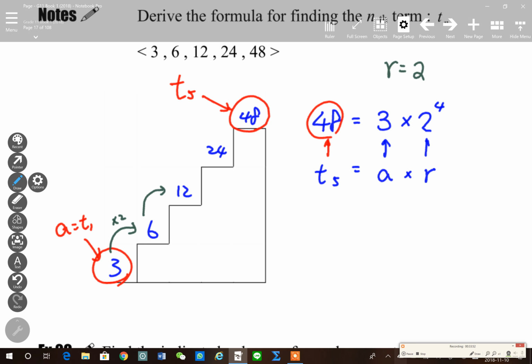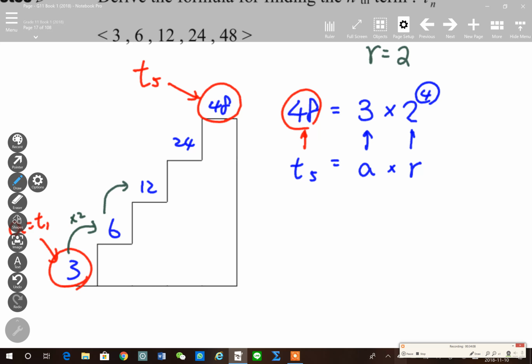Ratio, right? And then 4 is the number of steps, right? If there are 5 numbers, then 4 steps. If there are 11 numbers, 10 steps. So it's always 1 less than whatever this is. So it'll be 5 minus 1. Does that make sense?